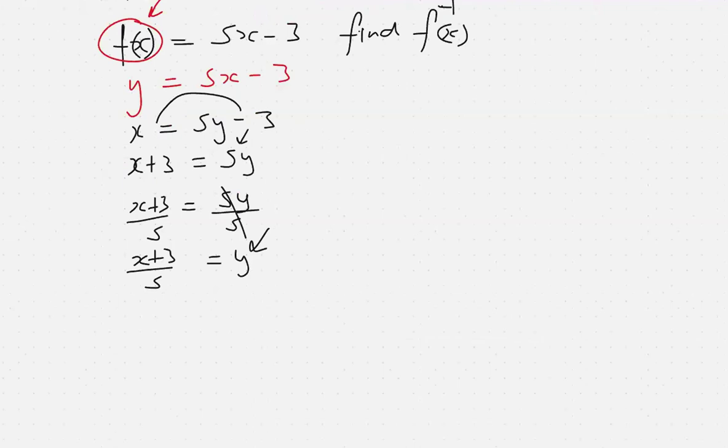So therefore, f to the minus 1 of x is equal to x plus 3 over 5. All right? Easy, easy. Any questions?